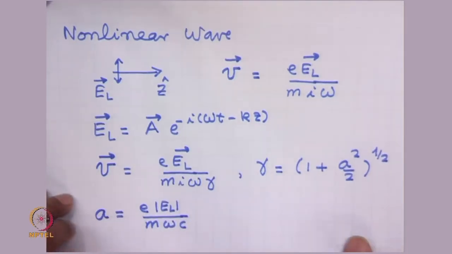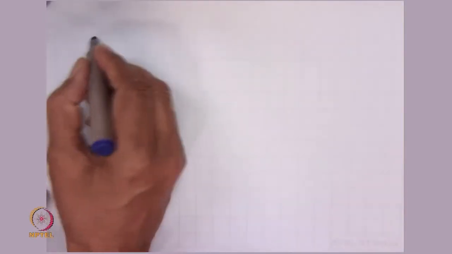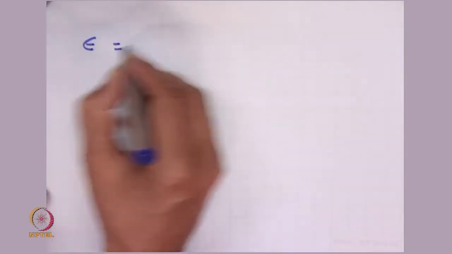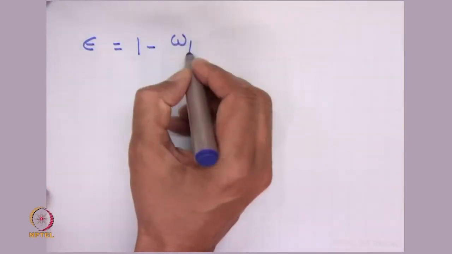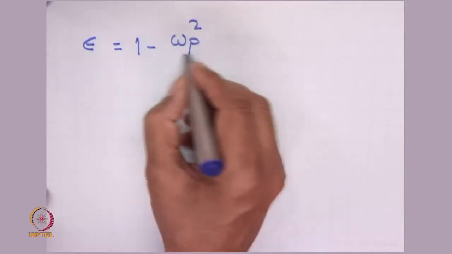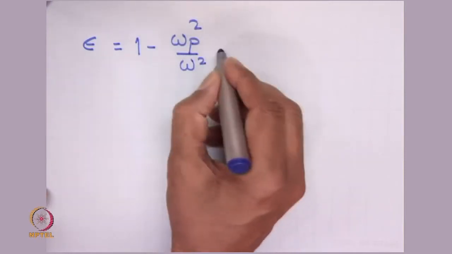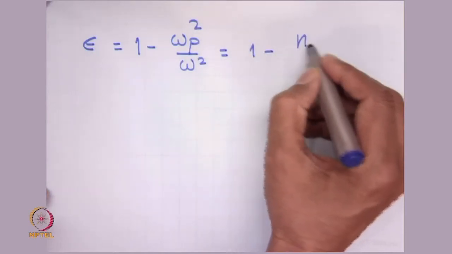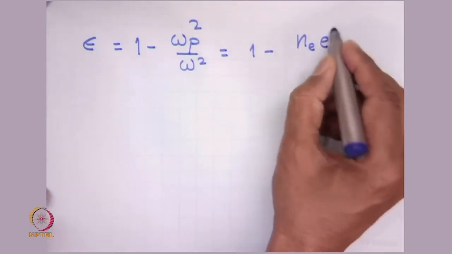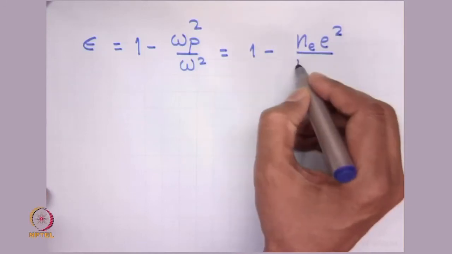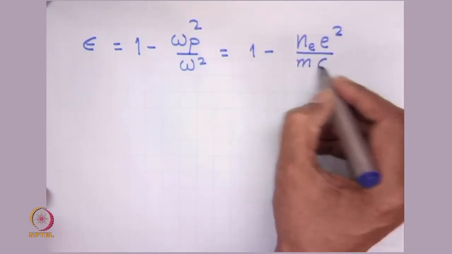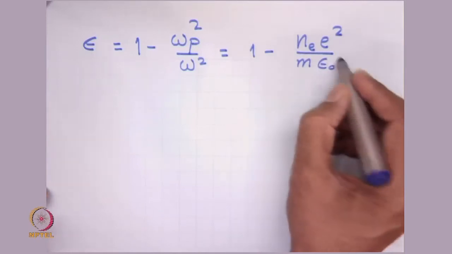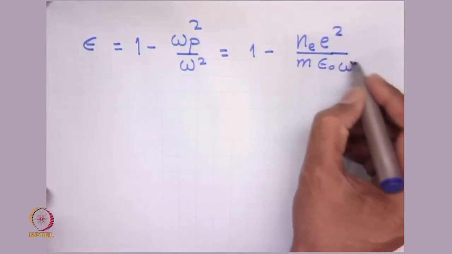So in view of this, if I write down the effective plasma permittivity at frequency omega, it is given as 1 minus omega_p^2 by omega^2. But now let me write down omega_p explicitly, which is 1 minus electron density into e^2 upon m epsilon_0, this is the value of omega_p^2, into omega^2.